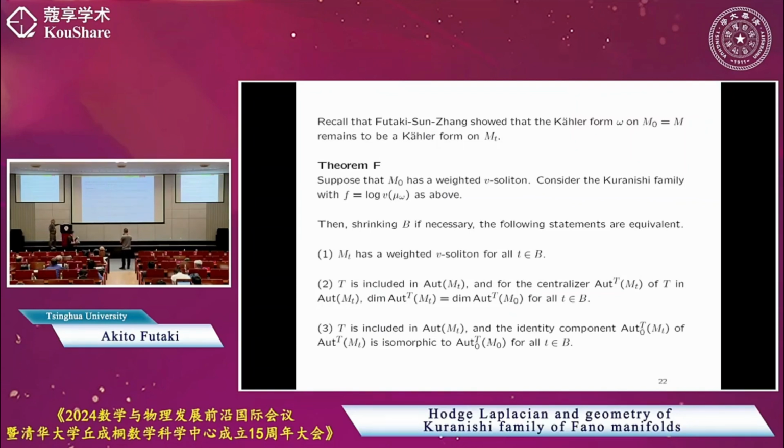You needed to assume a Fano manifold, right? Yes, Fano manifold. So can this Fano condition be relaxed? It should be difficult, but might be possible. I don't know. Okay, thank you. The notion can be extended, for example to cscK, so the problem can still be extended.